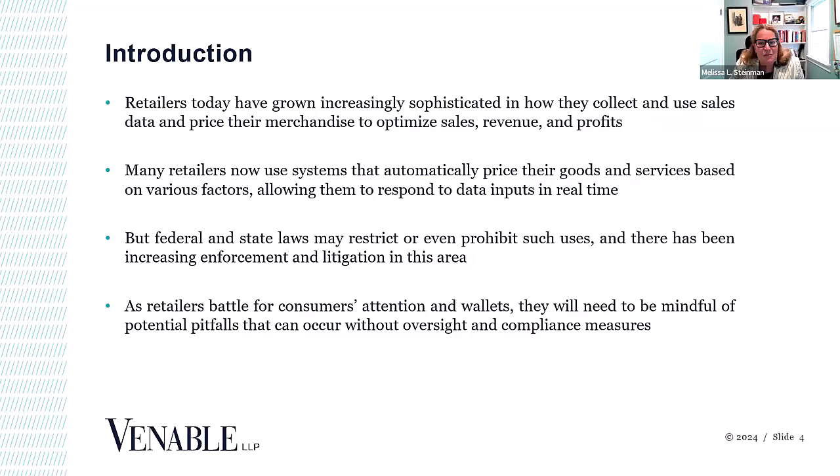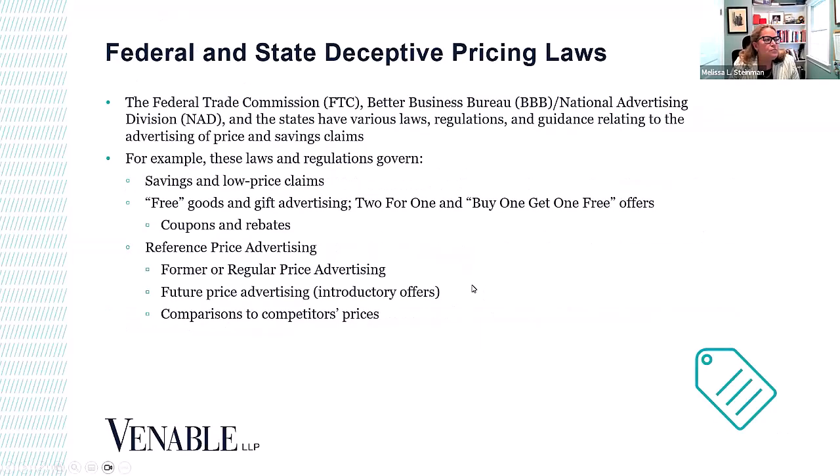So let's move on. When it comes to the federal and state laws, we're looking at, of course, the Federal Trade Commission, the Better Business Bureau's National Advertising Division, and then state laws, all of whom have statutes, regulations, guidance, sometimes informal, formal guidance on pricing.